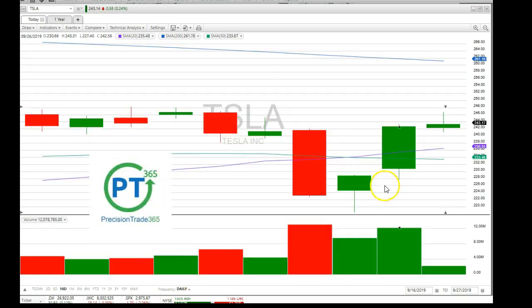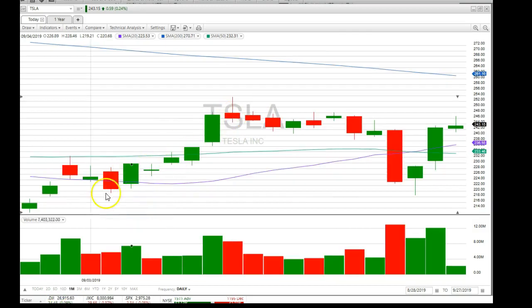What I like about Tesla is that coming off from the 7% rally, the 7% weekly performance, it moved sideways right here, and then sold off, then recovered, followed by a solid green candle with good volume. And today we are printing a green candle.